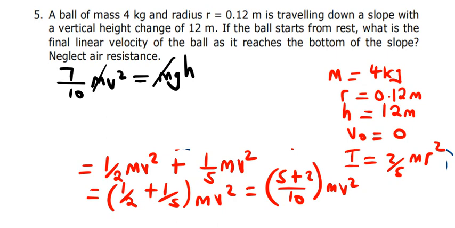Now I'm just supposed to make v the subject of the formula. For me to make this the subject, I'm going to multiply this side by 10 over 7 and also the other side by 10 over 7. The 7 and the 7 will cancel, the 10 and the 10 will cancel.